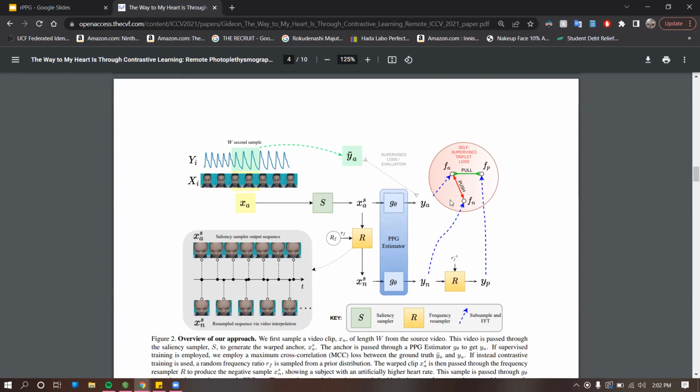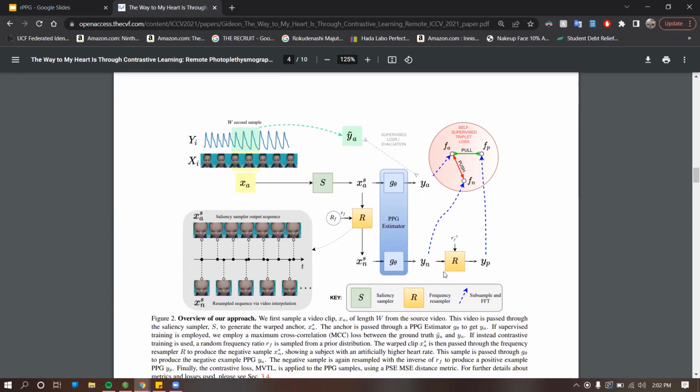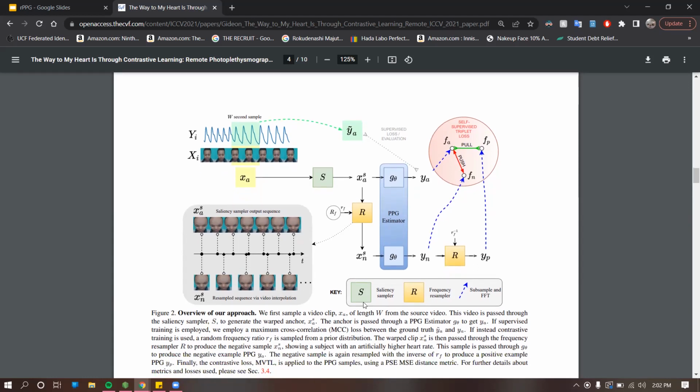Okay. So here, can you explain what the sampling is doing? Well, there's two different samplers: the saliency sampler and then the frequency resampler. So this takes the input image and it goes through this optional step.